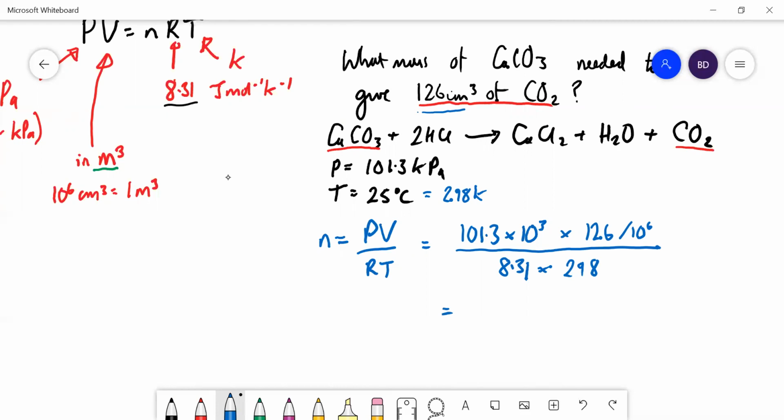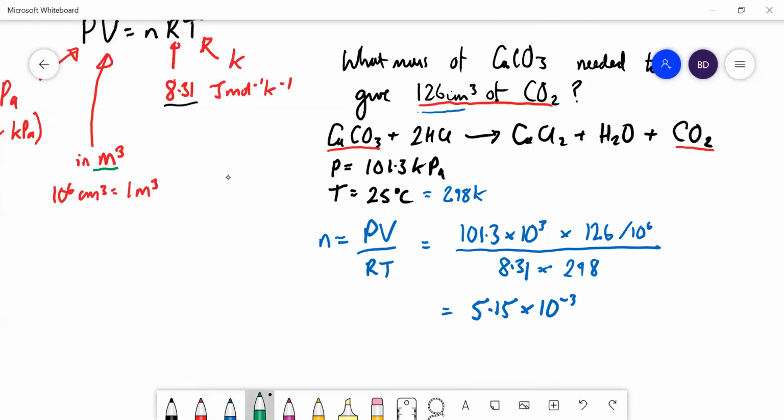Okay, so the number of moles is 5.15 times 10 to the minus 3.